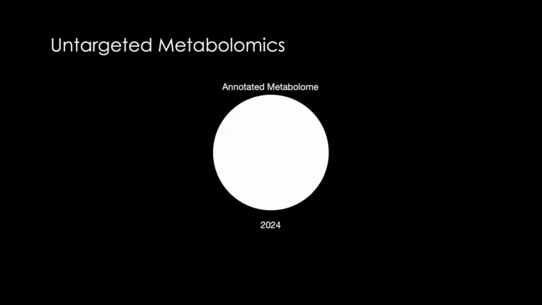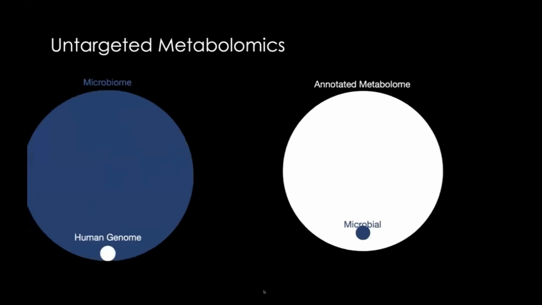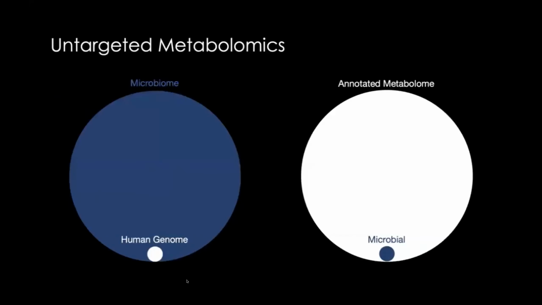But now let's look at these metabolites and ask the question: for the ones that can be annotated, only about 1 to 3% of those 14% we can actually assign to be of microbial origin. And this is in sharp contrast to when, let's say, you take a fecal sample and subject it to metagenomic sequencing. What you'll see is that the majority of genes that you can annotate are of microbial origin.